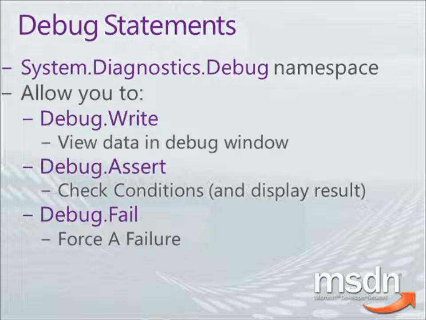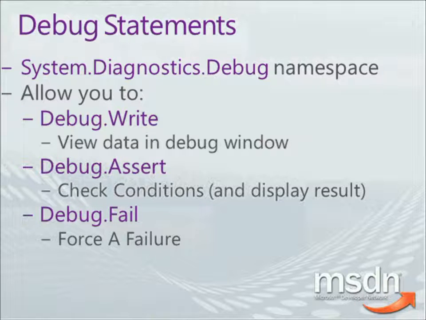So what happens is with a Debug.Assert and a Debug.Fail, technically they're both the same thing, but with a Debug.Assert, you're going to test for a condition, and if the condition is false, then you want the application to fail. With a Debug.Fail statement, we're just forcing it to fail no matter what. There is no condition. It's just going to stop the application with the assertion that the app has failed. So we have a couple different ways of dealing with that.